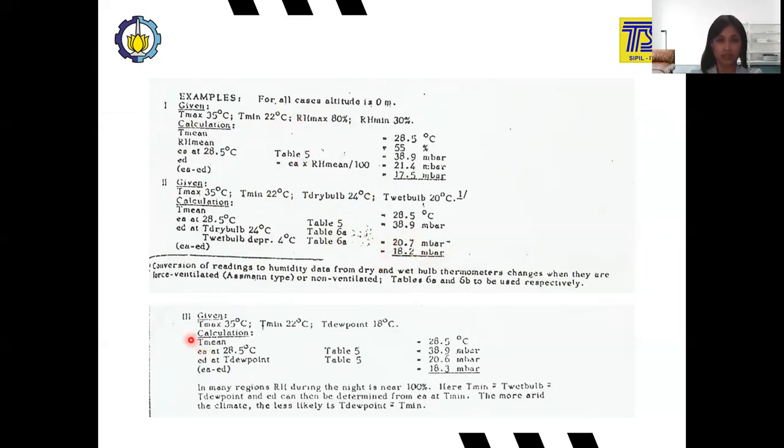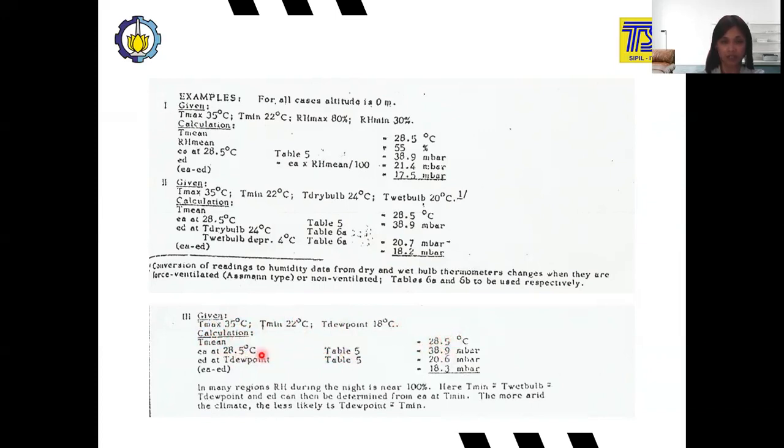And then the last method, here we have the temperature of dew point. Here we have temperature of dew point of 18 degrees Celsius, and we still have the same temperature maximum and minimum, and then we average them, and we have 28.5.